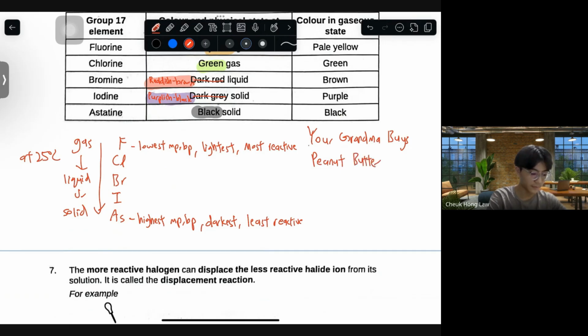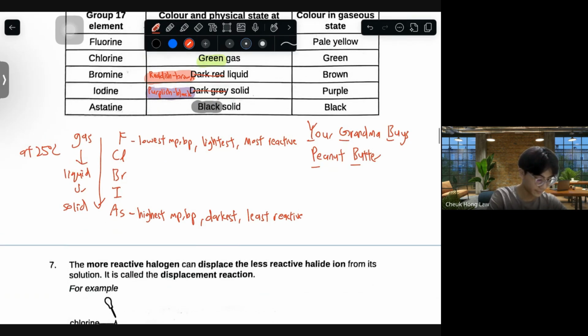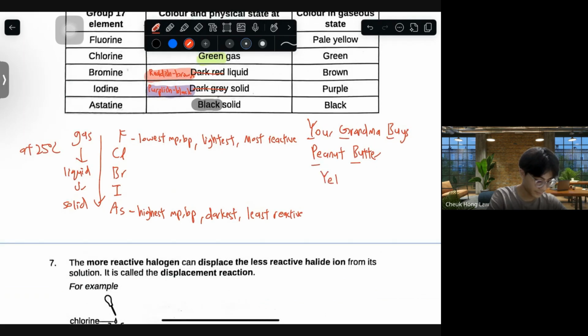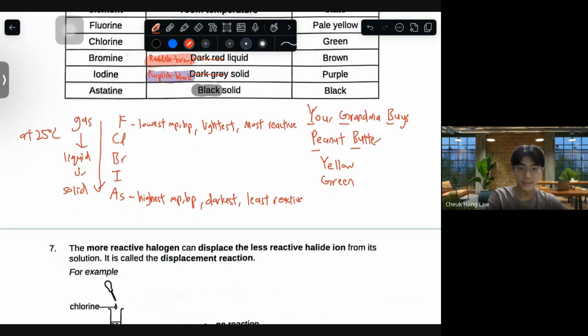Focus on the first letters. The first letter Y, Y is yellow. G is green. B is brown. P is purple. And B is black.